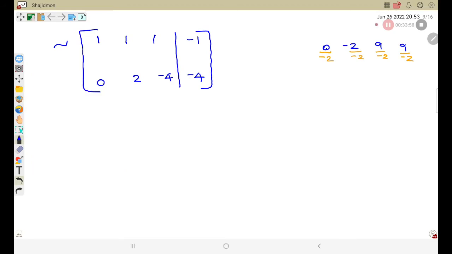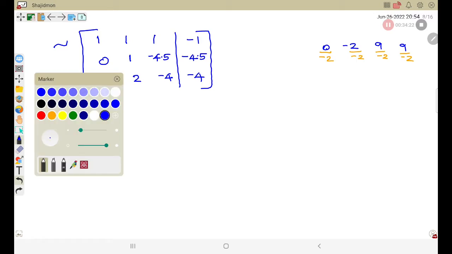Second row: 0 divided by minus 2 is 0. Minus 2 divided by minus 2 is 1, and 9 divided by minus 2 is minus 4.5, again 9 divided by minus 2 is minus 4.5. So this is the new output row.